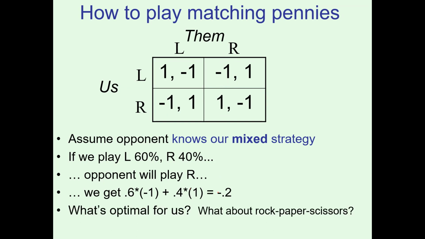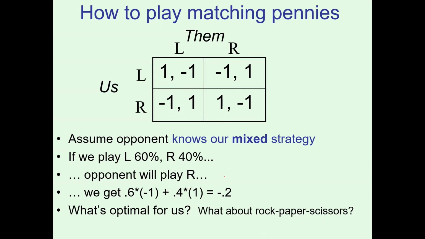Now, what if the player plays L? What comes out? 0.6 times 1 plus 0.4 times -1. So, -0.4 plus 0.6. What is the result?